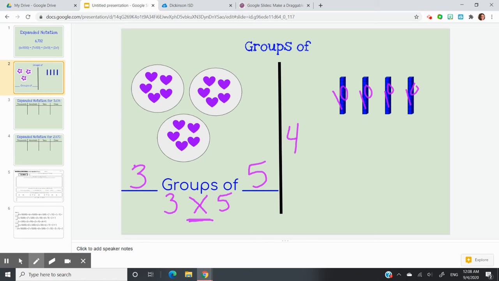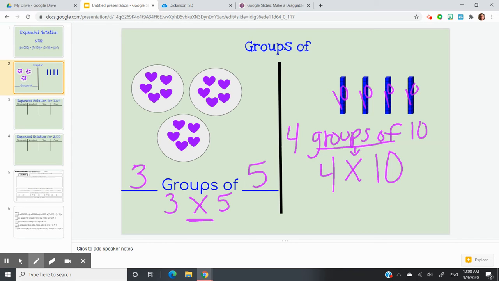So we could also represent that using 4 times 10. Because remember, anytime you see groups of, we're going to use our multiplication symbol for that. So you have 4 times the number 10. 10, 20, 30, 40. So 4 times 10 would be 40.